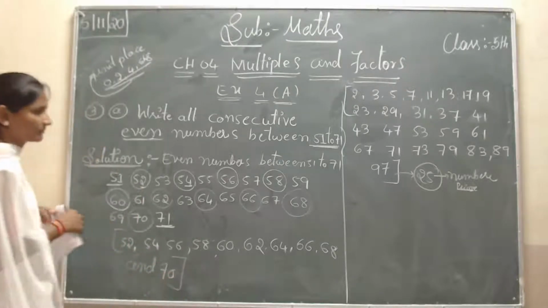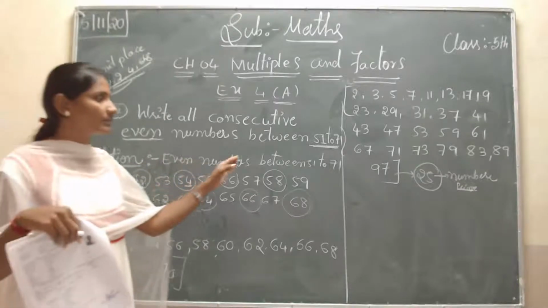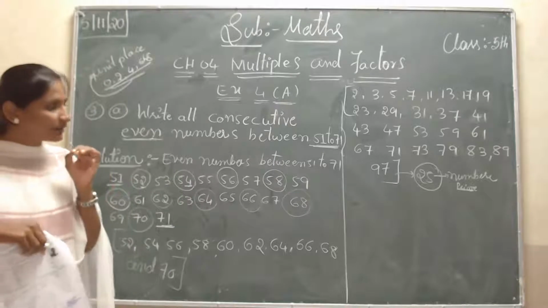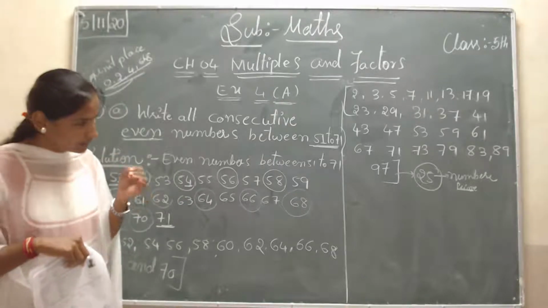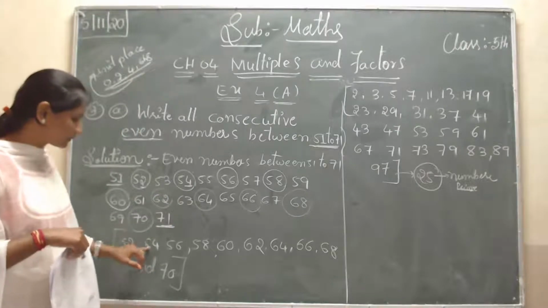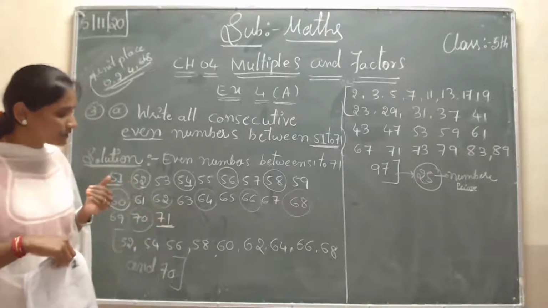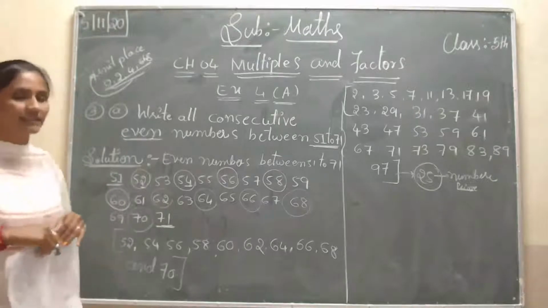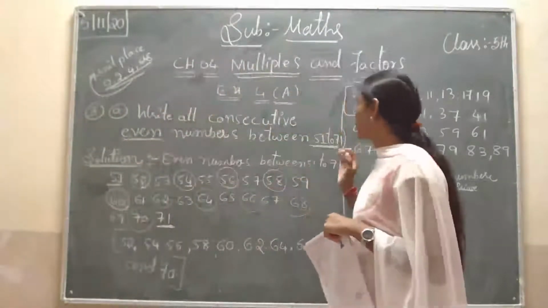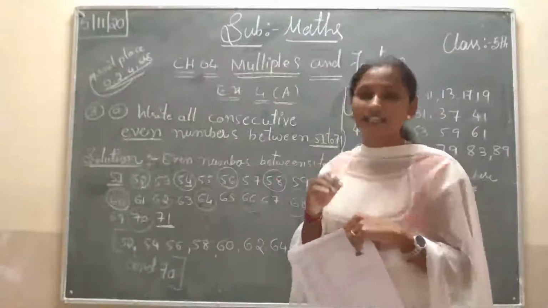These are the even numbers between 51 to 71. How many is the total? The total is 10. These are the even numbers between 51 and 71.